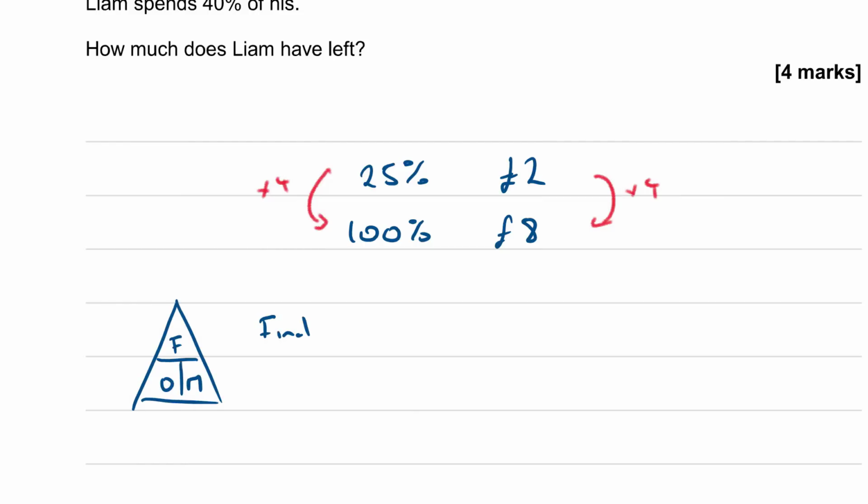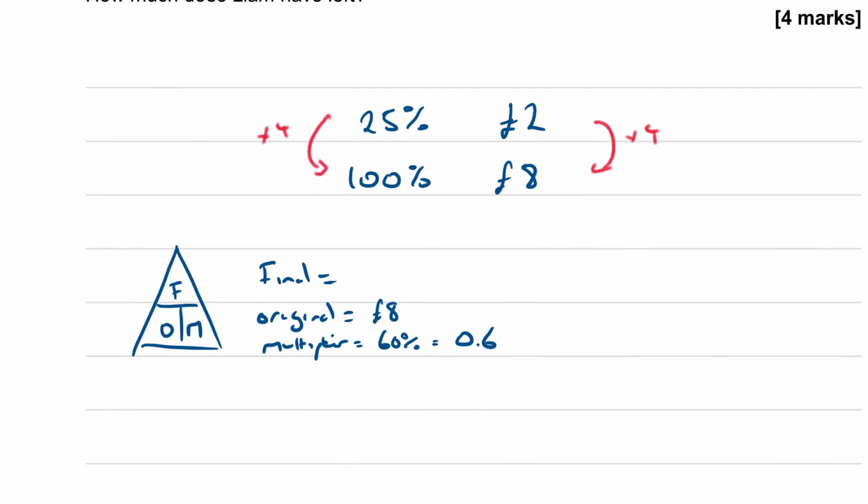Our final is what we're trying to find. Our original is £8 and our multiplier, let's say we want to find 60%, 60% of the amount, has a multiplier of 0.6. So to find our final, just cover that up, it's original times multiplier. Final is equal to original times multiplier.